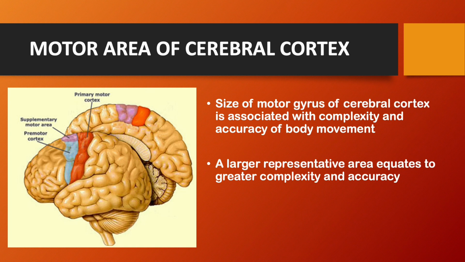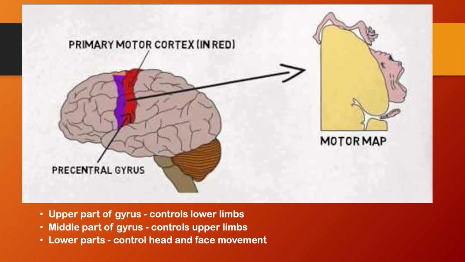A larger representative area equates to greater complexity and accuracy. The upper part of the gyrus controls the lower limbs. The middle part of the gyrus controls the upper limbs. The lower parts control the head and face movement.